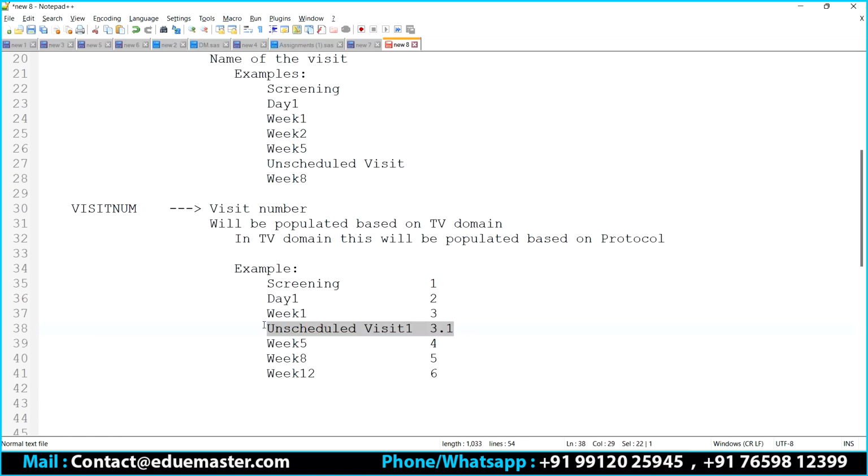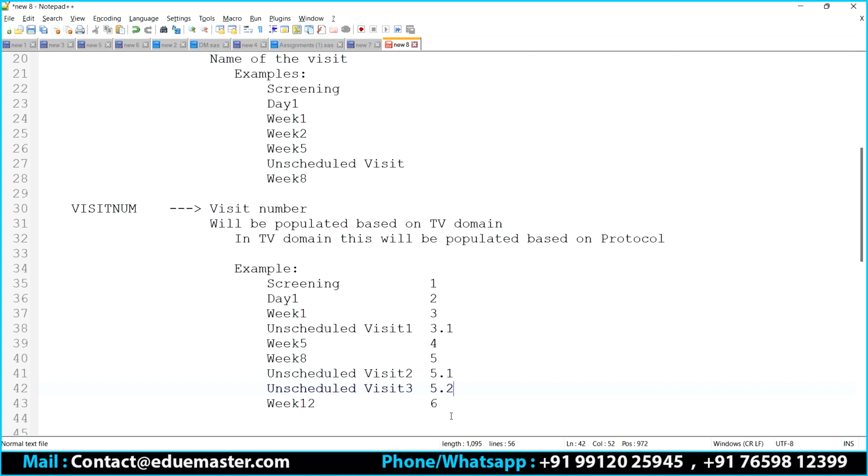Let's say in between these two, there are 2 unscheduled visits. Between week 8 and week 12, there are 4 weeks in the middle. The patient is not well for some reason, so he's going to have some unscheduled visits there. So this is unscheduled visit 2 and this is unscheduled visit 3, but this happened between 5 and 6, so it is going to be 5.1 and 5.2.